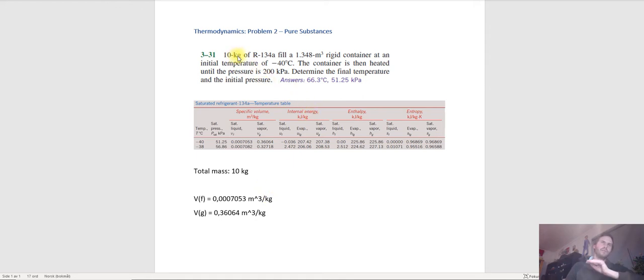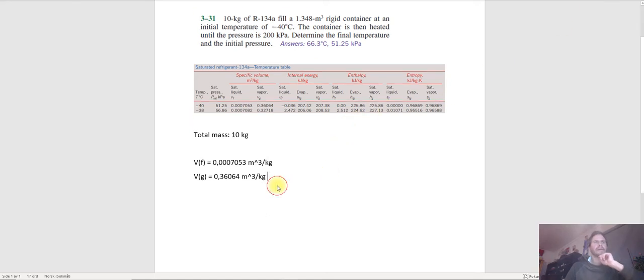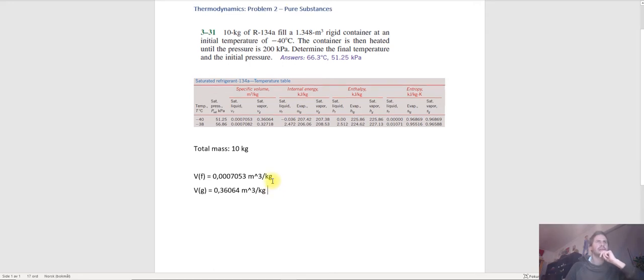And we don't have 2,000 kilos, we have 10 kilos. So it's not all liquid. It's not undercooled, definitely. But let's look at the gas. How much would the gas weigh?